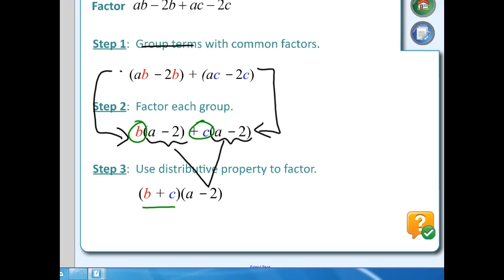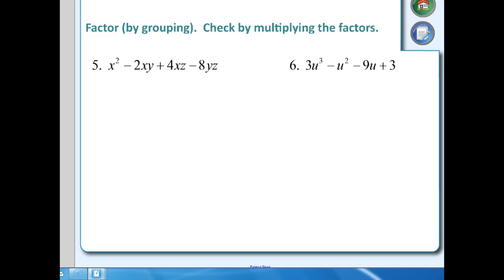All right, so let's see what that looks like for us as we go through and do a couple. Now it says factor by grouping and then check by multiplying the factors. So if I look here, again, there are no common factors in parentheses, so we know we need a plan B. And so let's look. Did you notice that my first two terms have a common factor?